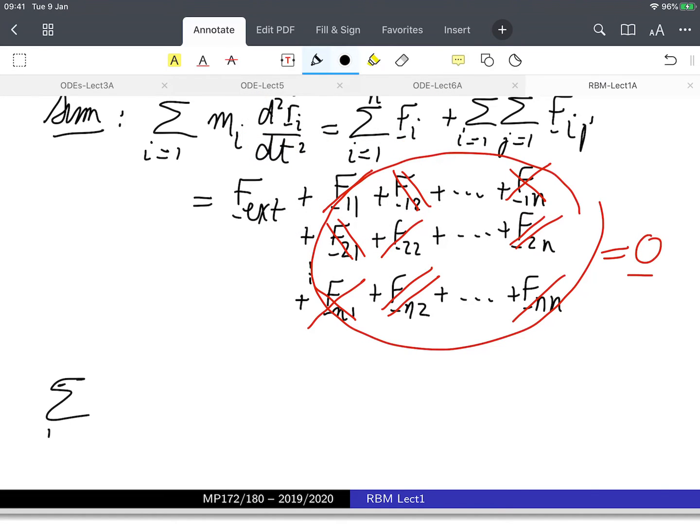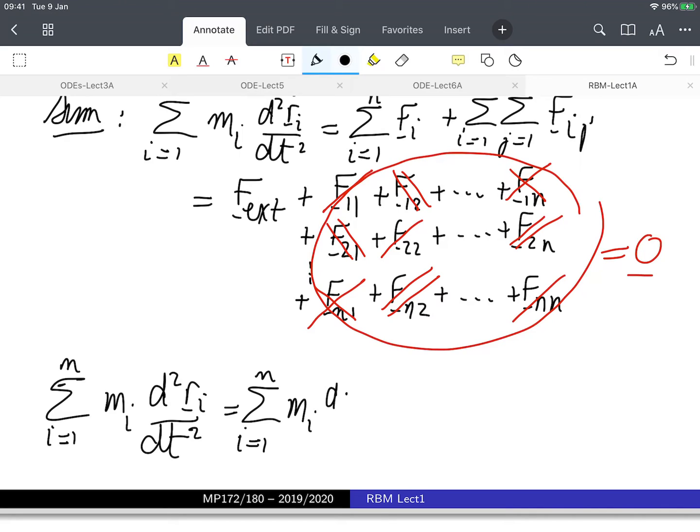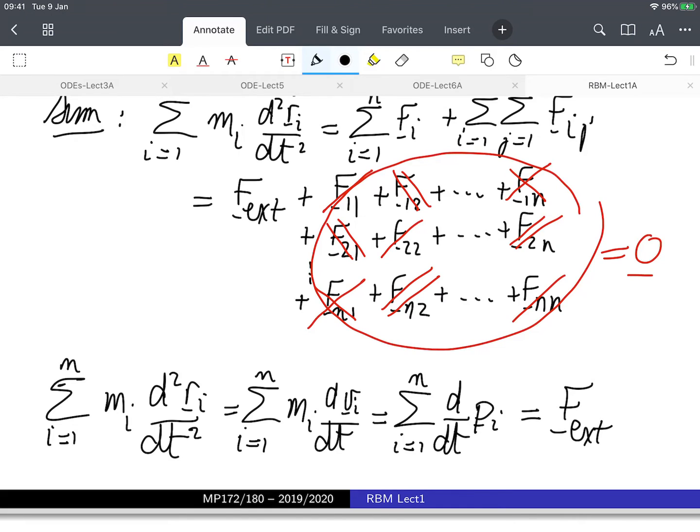I've just shown, nice maths, d² over dt², which is the same as the first derivative of the velocities, which is the same as the sum of all the linear momenta, well, derivative I should say, that's equal to the external force.